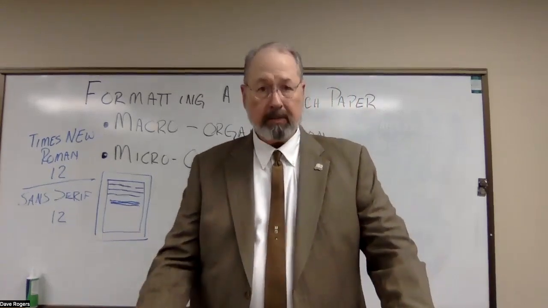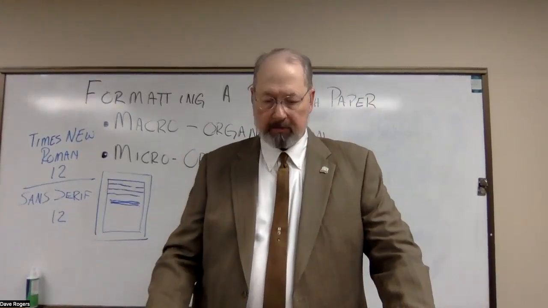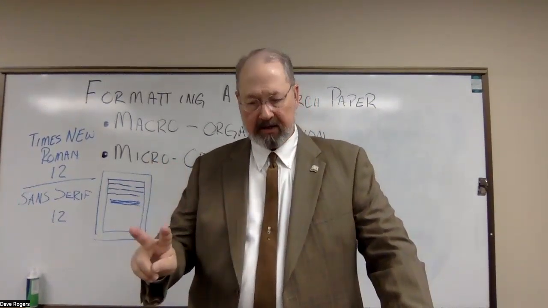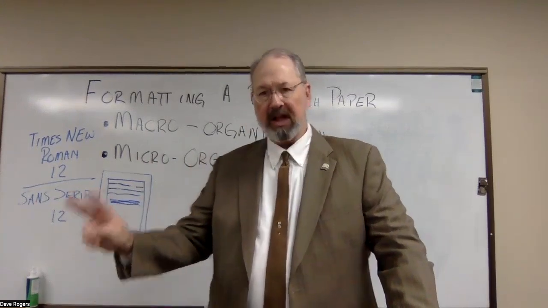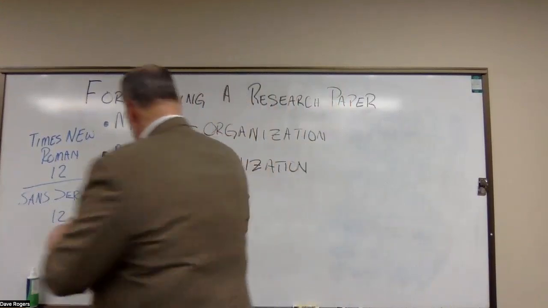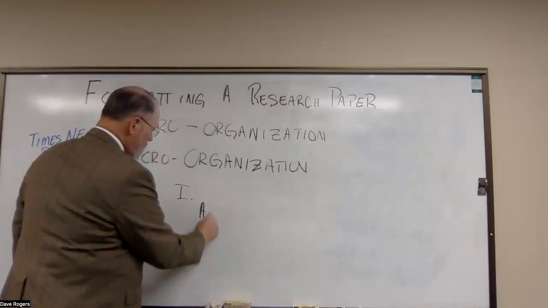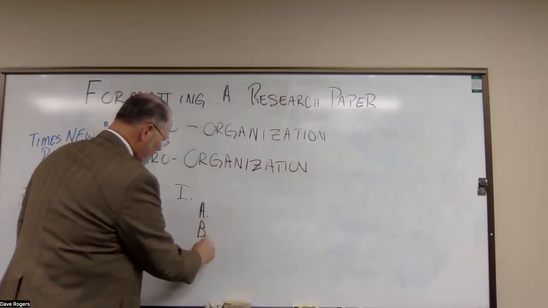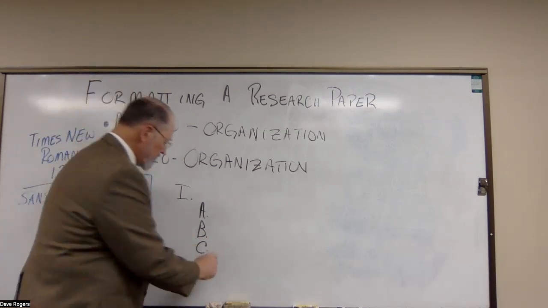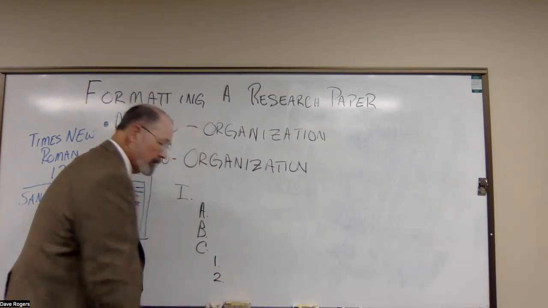And here's a basic rule. There must be at least two subheadings under a first level heading. If you remember in Barnes' basic outline, you have Roman numeral 1, and then you have capital A, capital B, capital C. Under C, you might have numeral 1 and numeral 2.